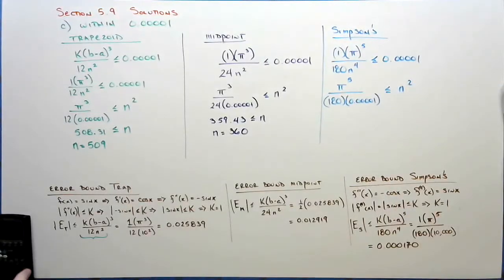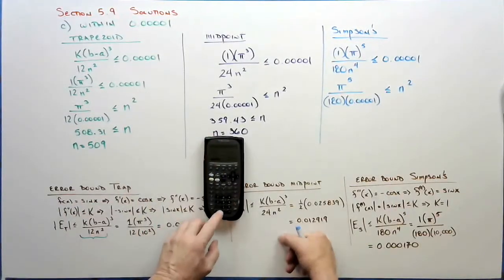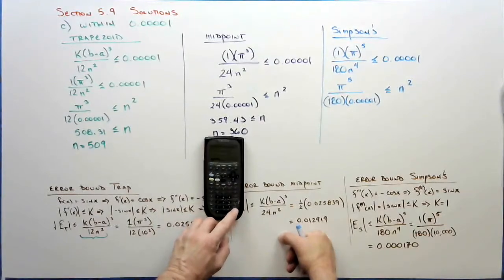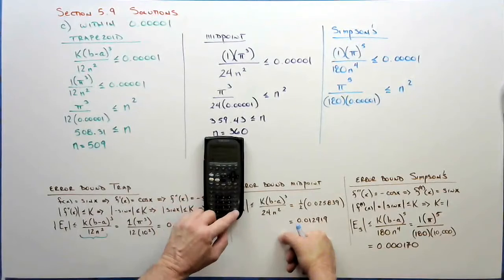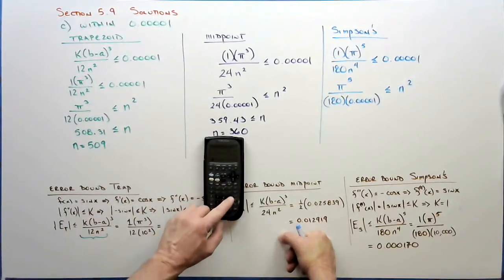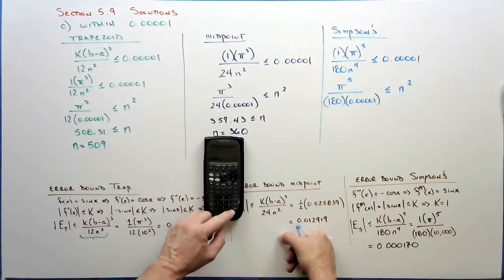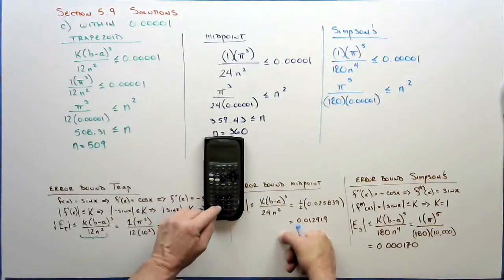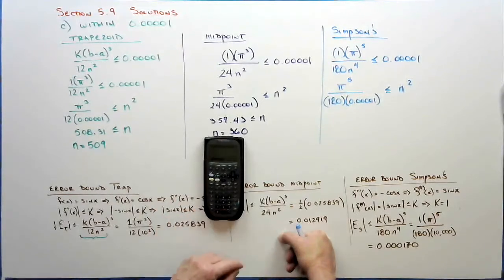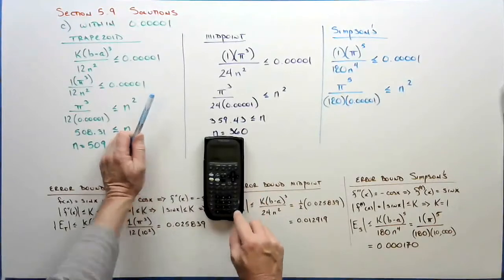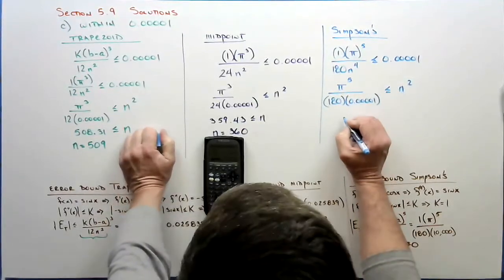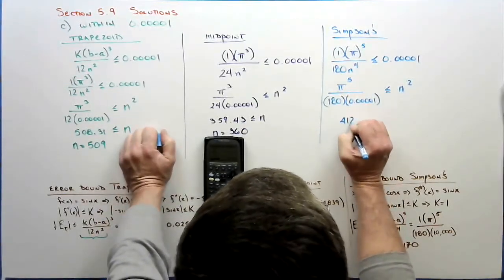So now we'll grab our calculator, we'll do our arithmetic again. So we have pi to the 5th divided by 180 divided by 0.00001 equals, and now we need the square root of that, so we'll raise that to the 0.5 power, and we get 412.32.